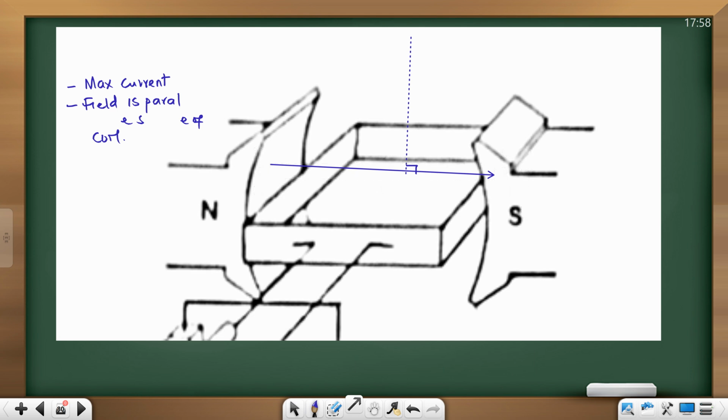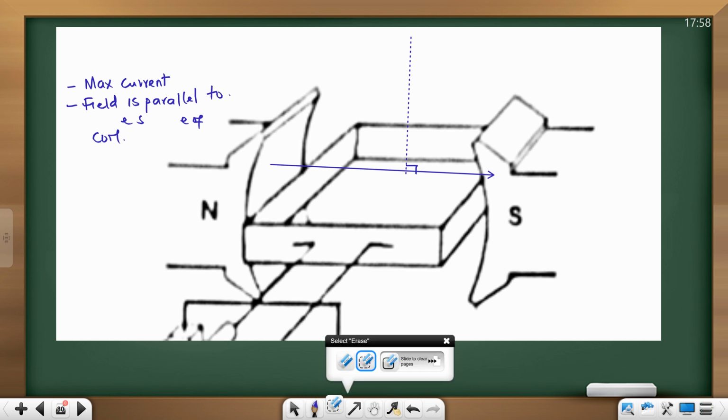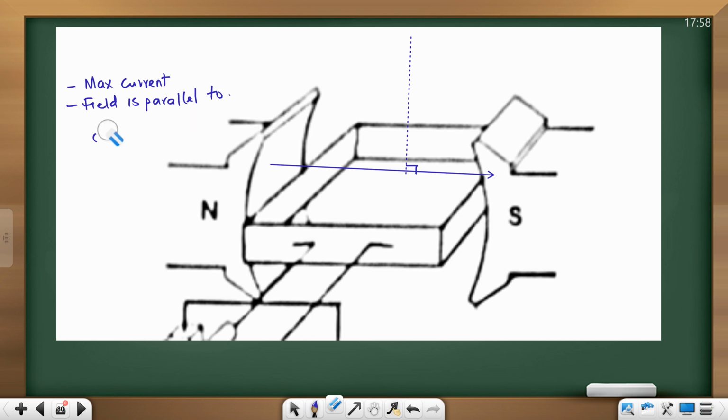Parallel. Make sense? So if the field is parallel, when I say parallel, what is that? 0 degrees.